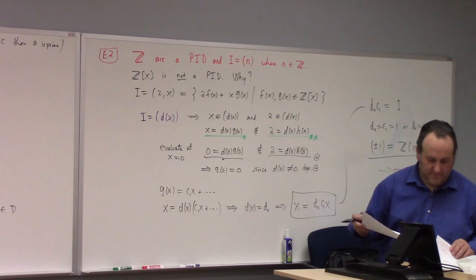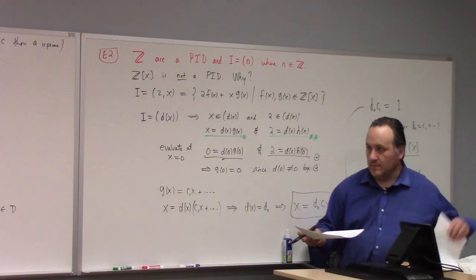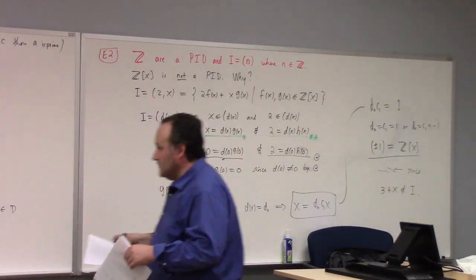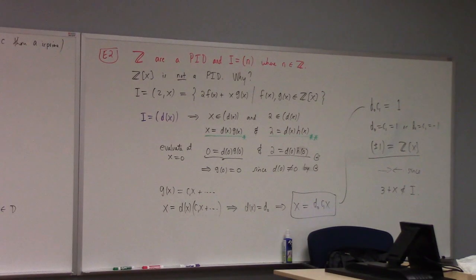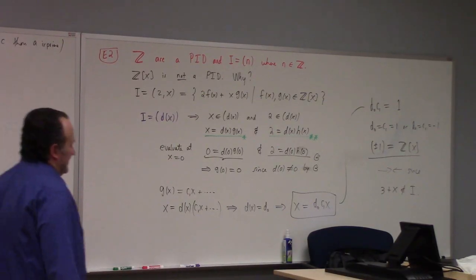Here's my follow-up question then: is it possible for the ring of polynomials with integer coefficients to be a PID? Well, I guess we just proved it's not a PID, right?